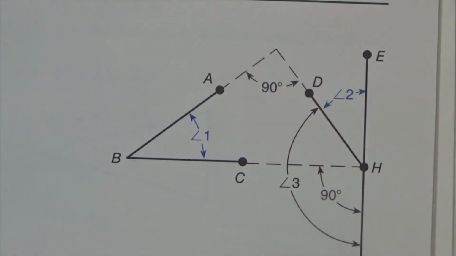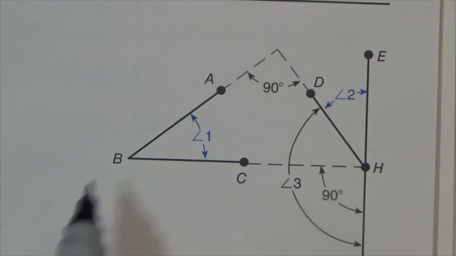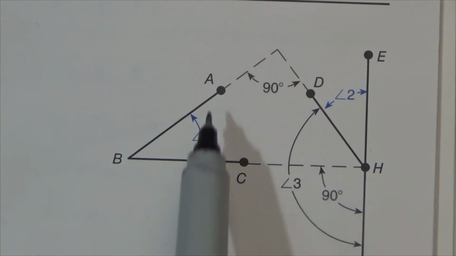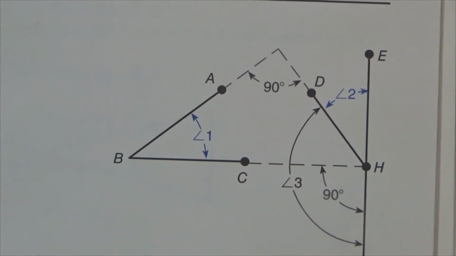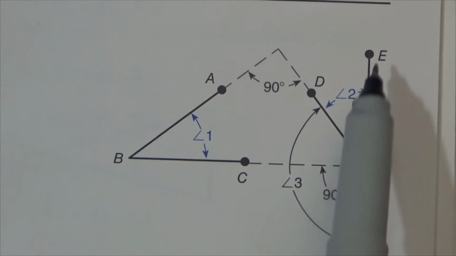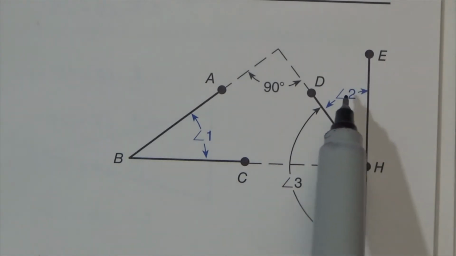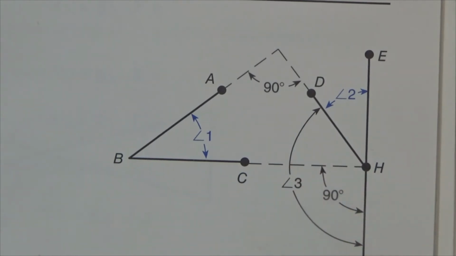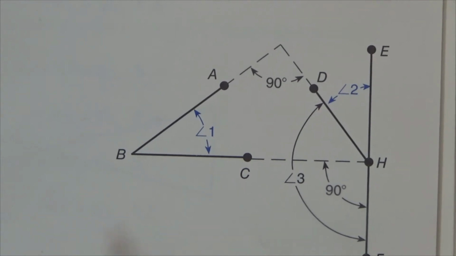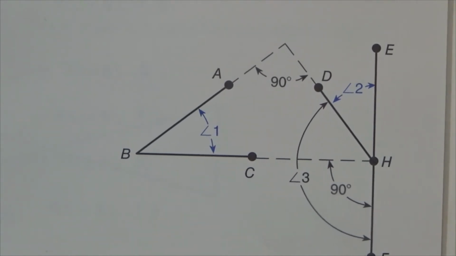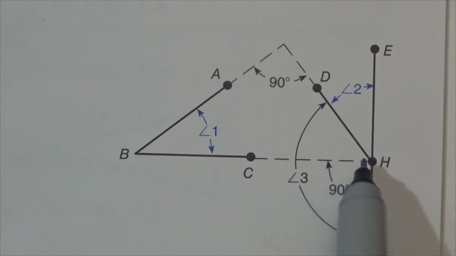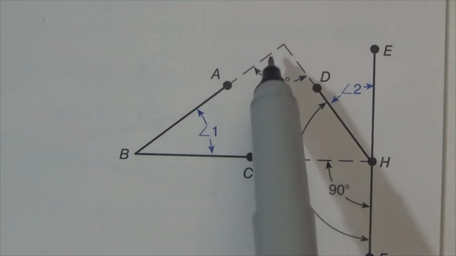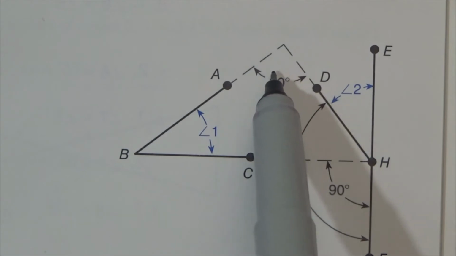All right, so they got a lot of lines on here. So this is one angle right here, angle 1. And we have a line here, and we've got angle 2 here and angle 3 right there. Okay? Now, I'll restate it. Two angles are equal or supplementary if their corresponding sides are perpendicular. So if we move this side out along with this side, there's a 90-degree angle right there.